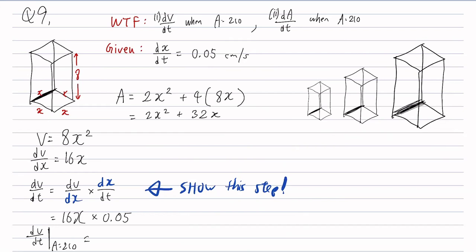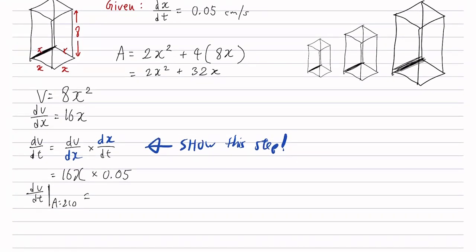Yes, correct. So sub A equals to 210, which means your 2x squared plus 32x equals 210, and solve for x. Divide by 2 if you want to, or just use a calculator straight away. What do you get?